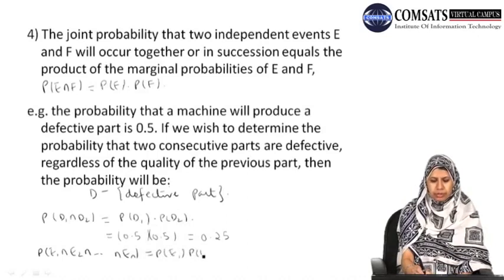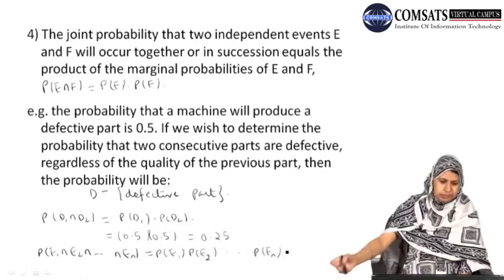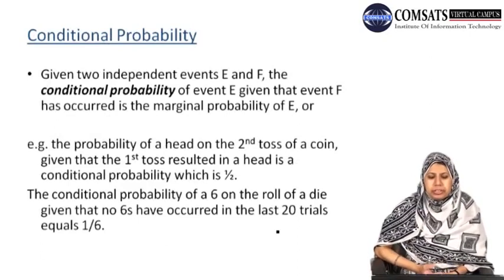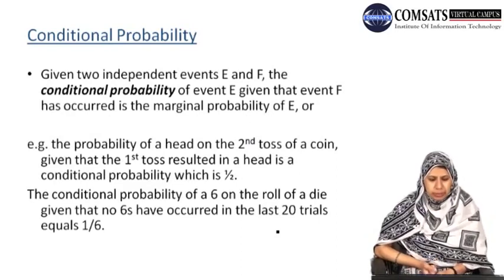That is, the probability of E1 times the probability of E2 times, up to, the probability of En. Now we come to an important concept of probability, which is known as conditional probability.